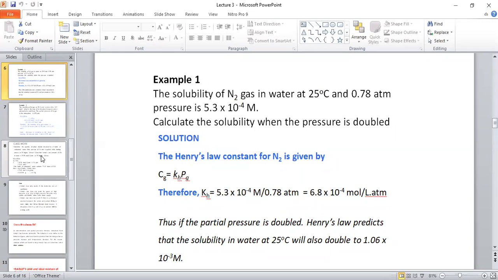From this equation, when you're calculating the solubility, you need Henry's constant. But in the example given to you, you're not given Henry's constant. So the first thing you need to do is to find Henry's constant so that you can make use of it.